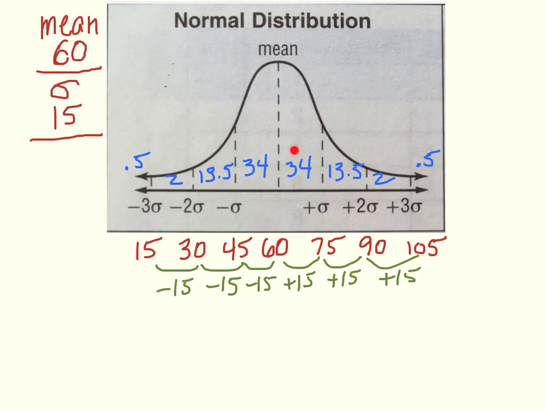So 34% of the scores fall between 60 and 75. Keep adding 15. 47.5% of the data falls between 60 and 90. And keep adding, and then of course we subtract 15, which is our standard deviation.